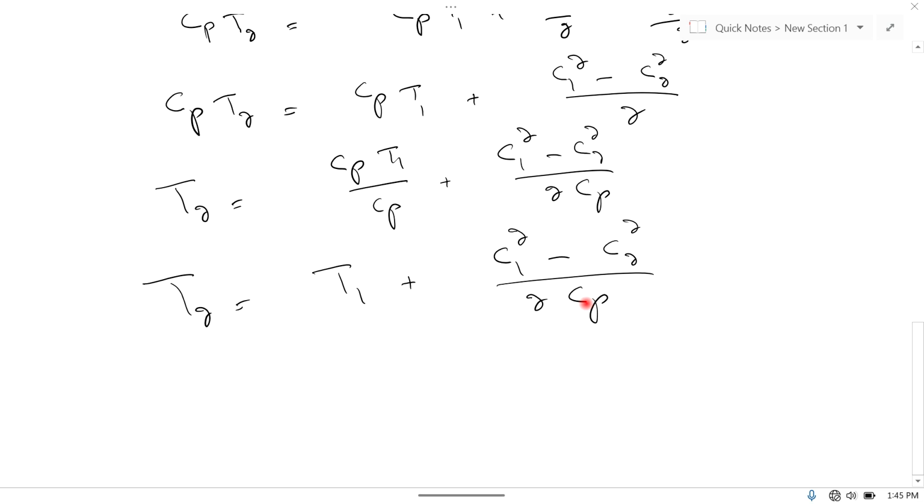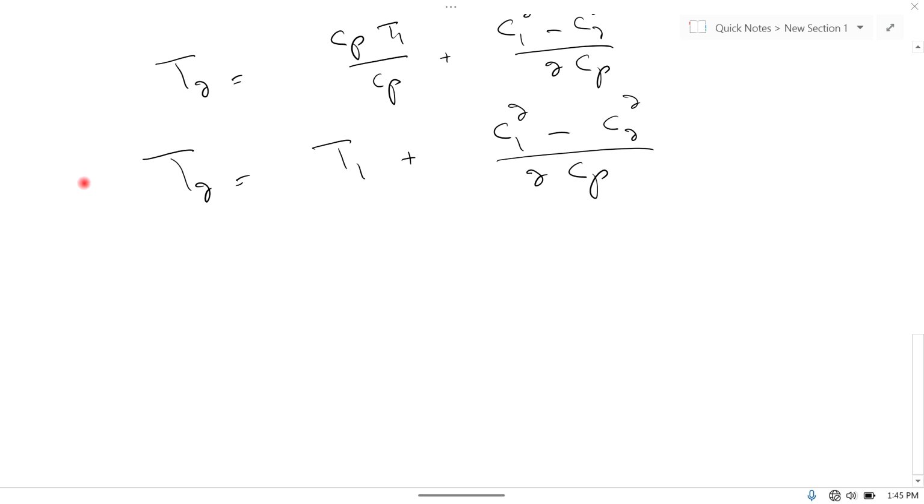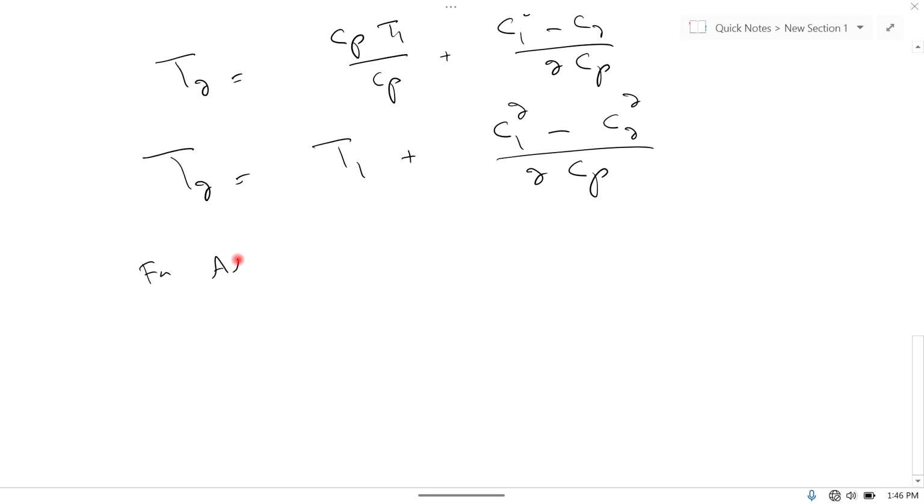Now first we find T2 for argon. The Cp values are constants. The constant value for argon: Cp is equal to 0.5203 kilojoule per kilogram per Kelvin.